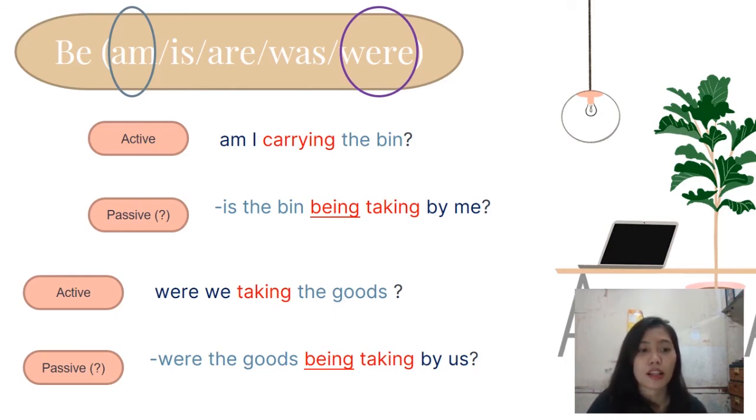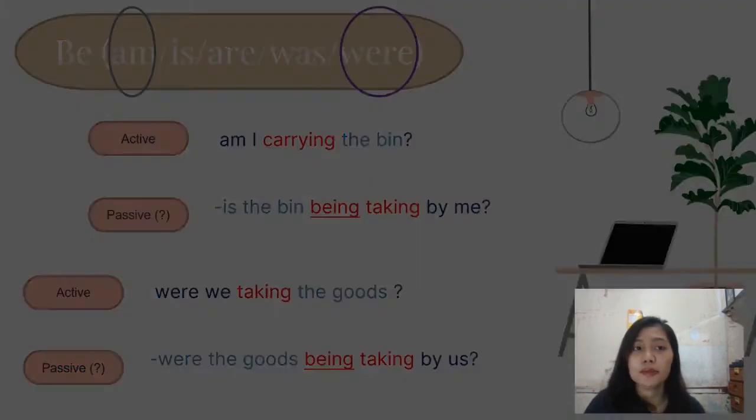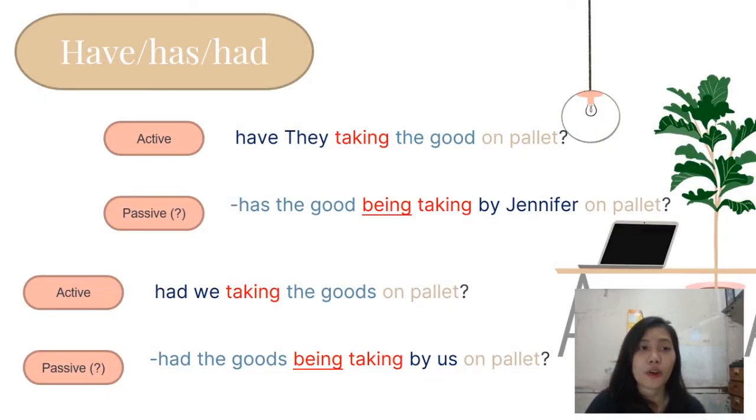And the last example, we were taking the goods. If we change to passive interrogative, were the goods being taken by us? And the question with have, has, or had. For the first example, have they taken the goods on pallet?